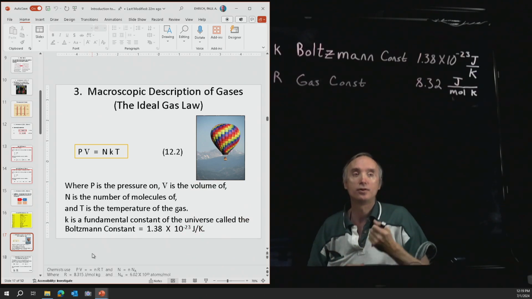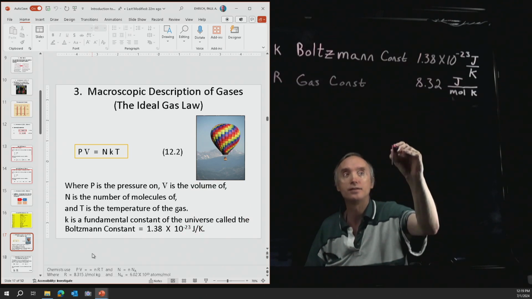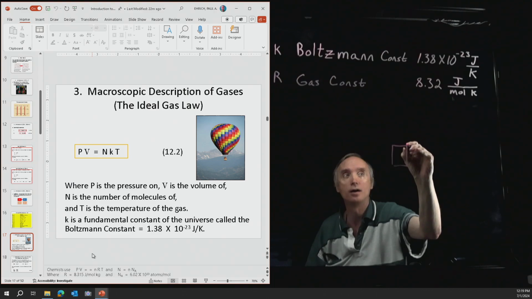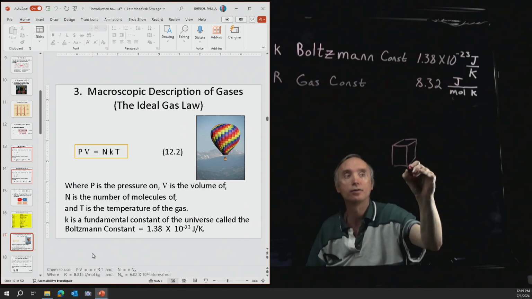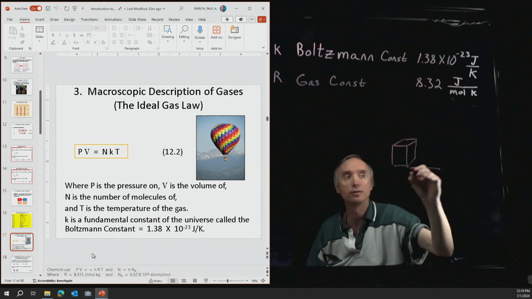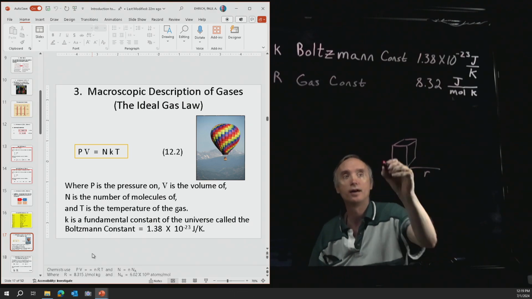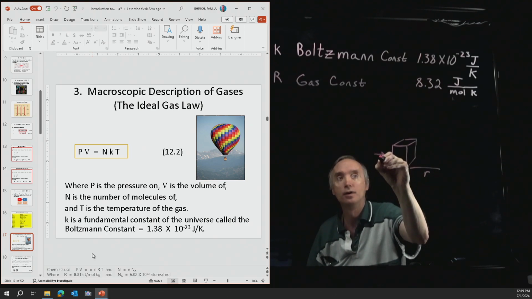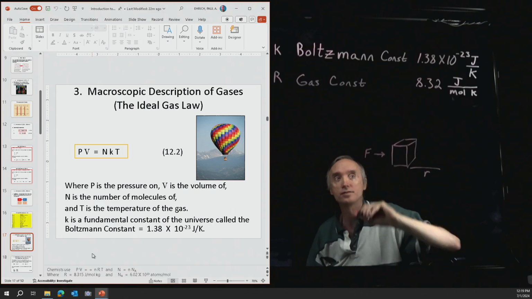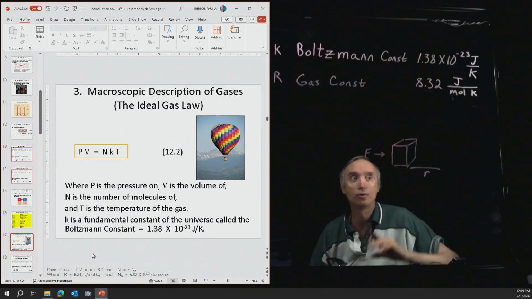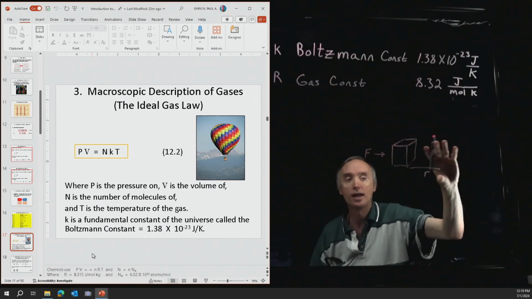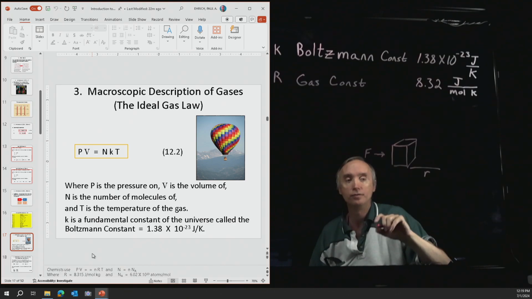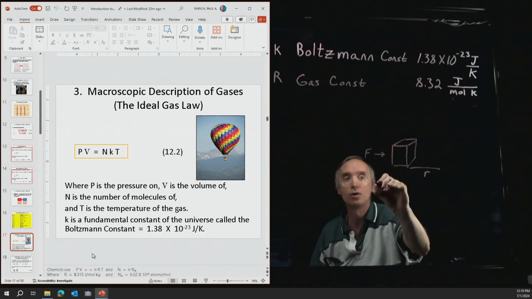concepts. Imagine that you have a solid, like a block, and that you want to move that block a distance r. In order to do that, you're going to need to apply a force to it, and it's going to take energy to move the block. We found out in a previous lesson that this was called work.